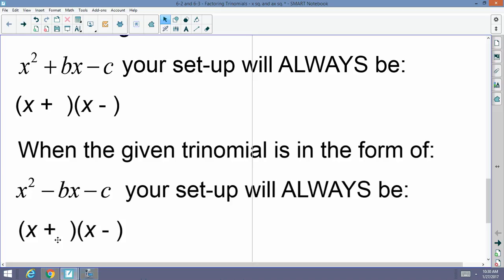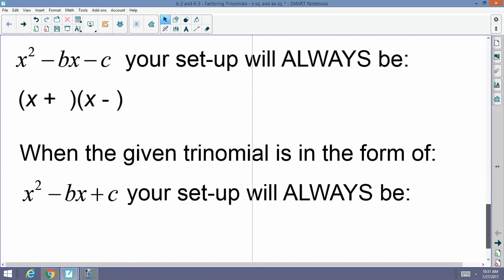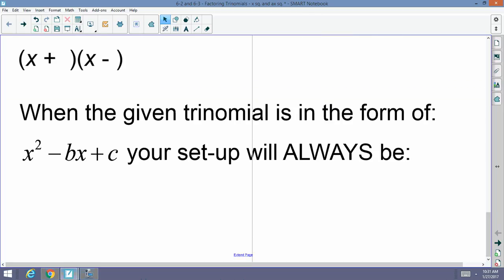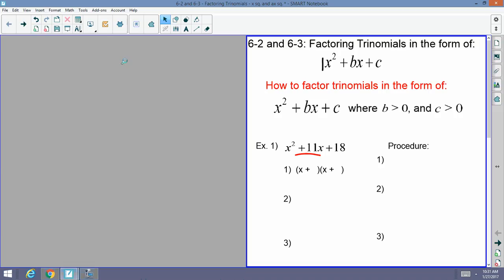I promise. Always. And last but not least, if it is in the form of x squared minus bx plus c, it's going to be x minus, x minus. Always. I promise. Every single time.